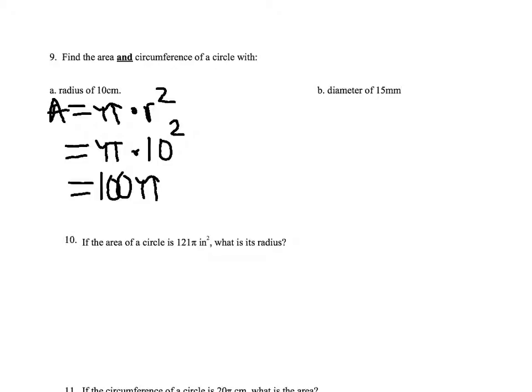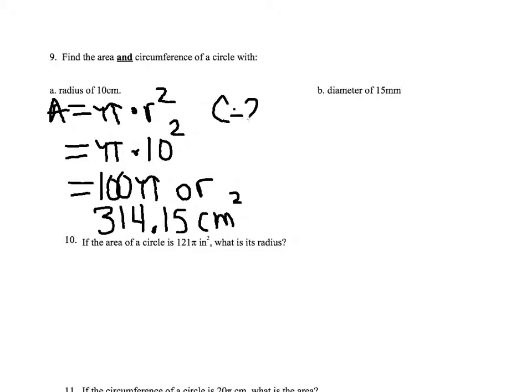A lot of kids usually multiply by pi, so that you can also get 314.15 centimeters squared. Okay, either option is fine. The next one we have is circumference, which is 2 times pi times r, and so we're going to get 2 times 10 times pi, and we're going to get 20 pi, or you can multiply 20 times pi and get an answer.